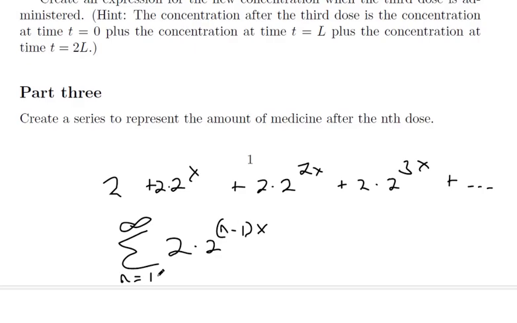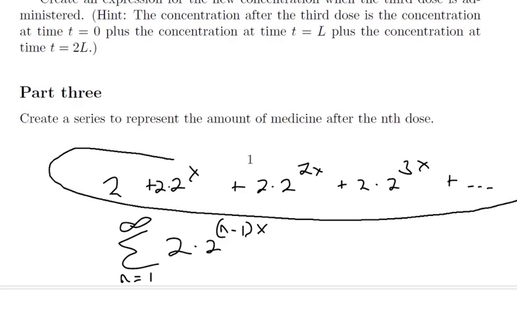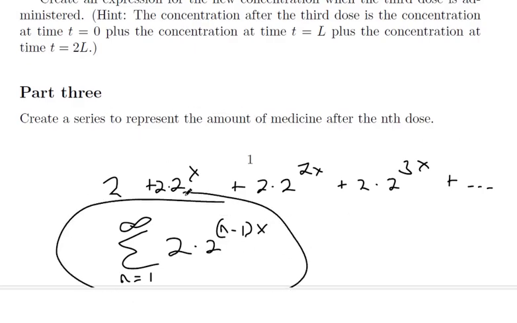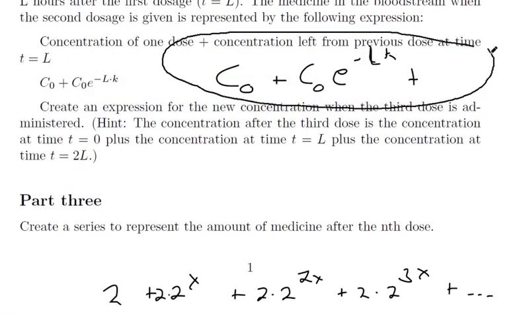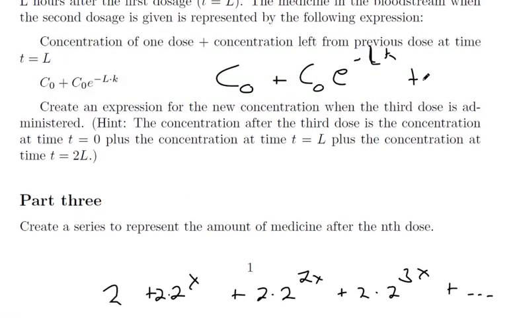If you were to plug in n equals 1, 1 minus 1 makes 0. 0 times x is 0. 2 to the 0 is 1. So that turns into the first term. If n equals 2, then we have our first term of 2, and then plus 2 times 2 to the x, because if you plug in 2, 2 minus 1 makes 1. That's 2 times 2 to the x. So this series is represented here. You're doing the same thing in part 3, except you're using what you created in part 2 to help you develop that series.